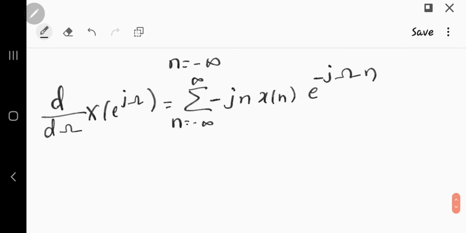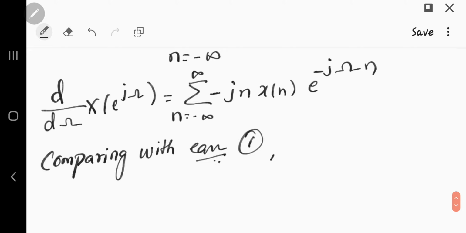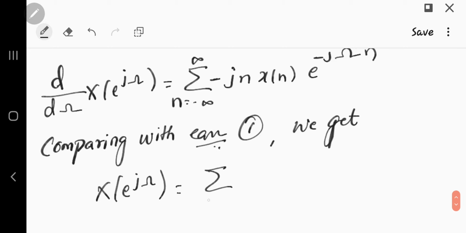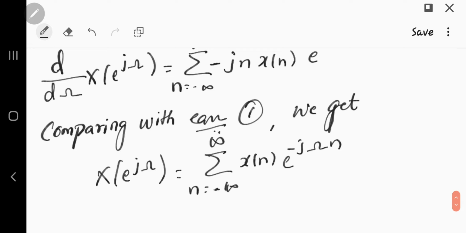Now in this part, we compare with equation 1. I'll write equation 1 here: X of e power j omega is equal to the summation n equals minus infinity to plus infinity of x of n e power minus j omega n. Now we have to think of this in a reverse manner.